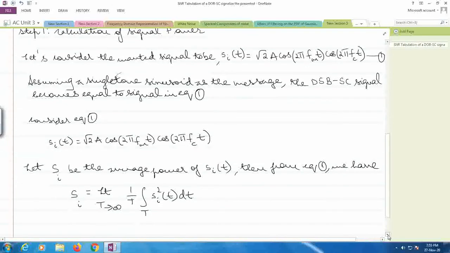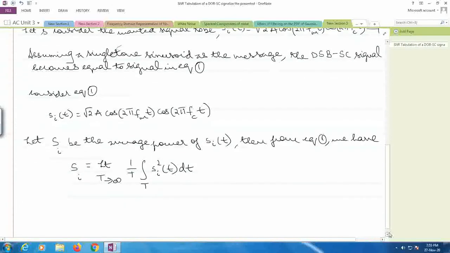So we very well know that this is the formula for calculating average power, and it's simply going to be equal to A square by 2. Alright, it should be obvious to you how we arrived at A square by 2.